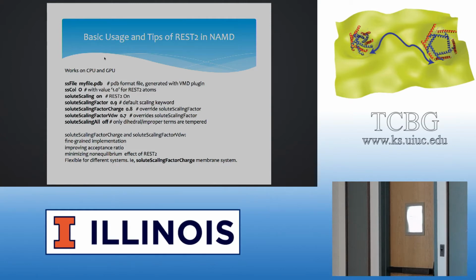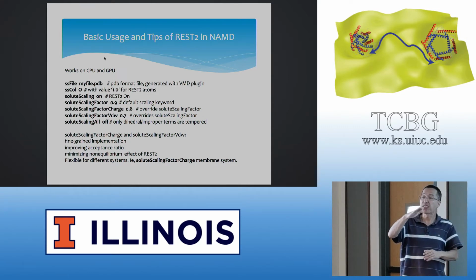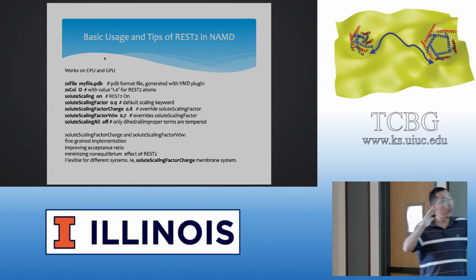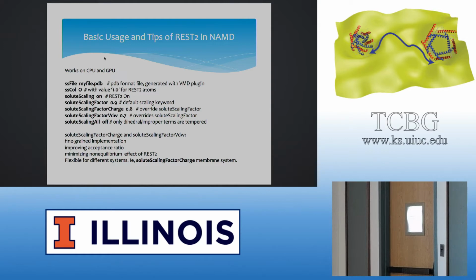So this is a fine-grained implementation, and we expected this fine-grained implementation to improve the acceptance ratio. In replica exchange, we would like as high an acceptance ratio as possible, but the acceptance ratio is proportional to the overlap of neighboring windows. And this overlap results from the fluctuation of potential energy.